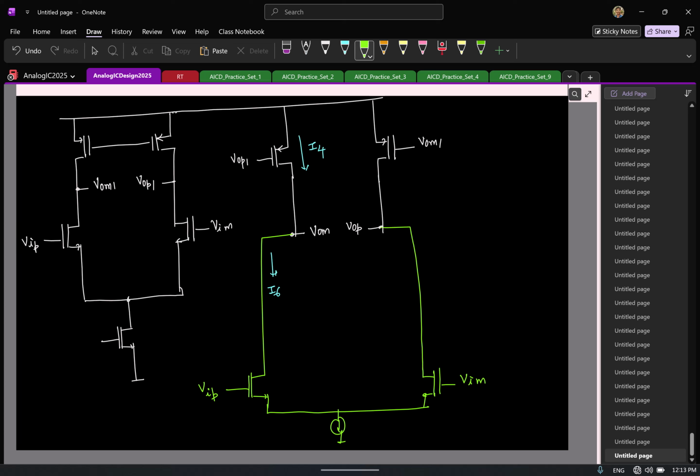This again I can neatly redraw it like this. This is Vi plus. This is Vi minus. And the tail current source I'll show with an NMOS transistor.